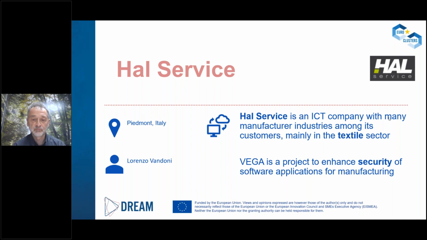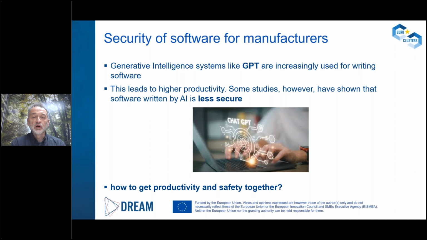What is the problem that we are proposing to face and to solve? Many developers, many programmers are increasingly using generative intelligence systems like ChatGPT or even Bing or Copilot for writing software. And this leads to much higher productivity.